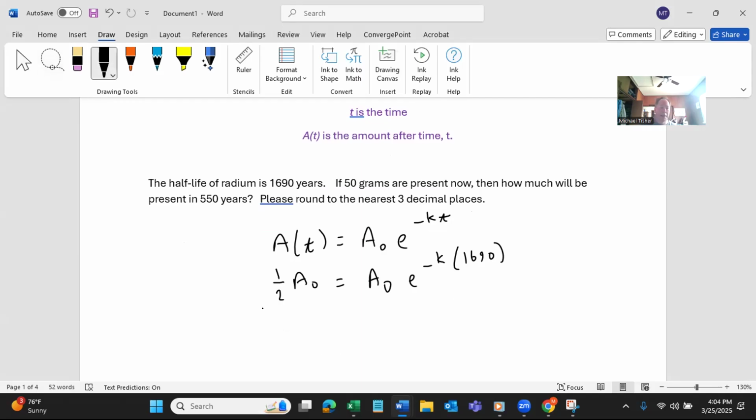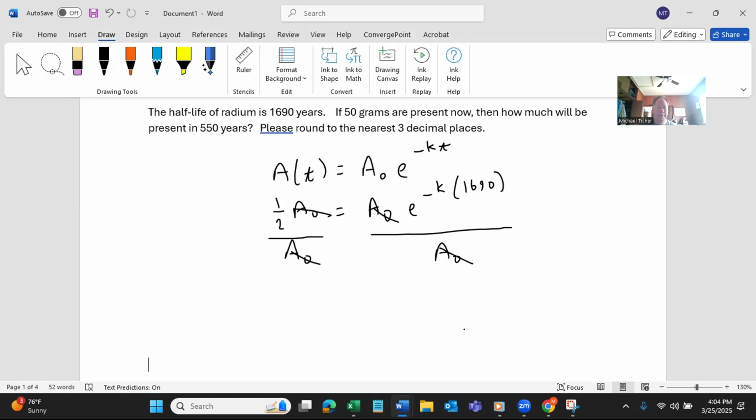To do that, we can divide both sides by A sub 0, and that will cancel out all the A sub 0s. Isn't that cool? So then we're left with one half is equal to e to the negative, and let's write the 1690 in the front because usually we write the coefficient at the front and then the variable k.